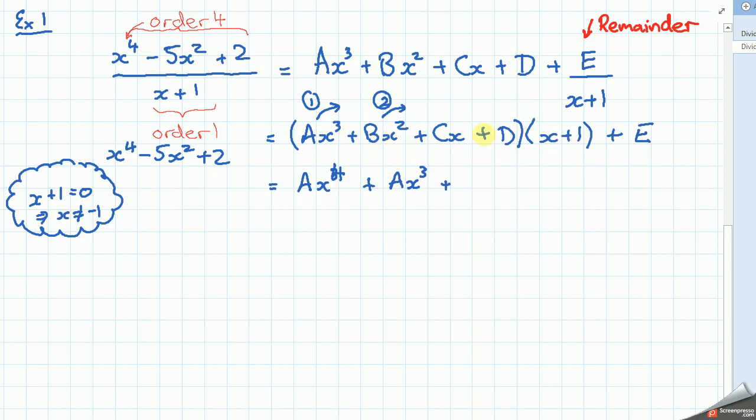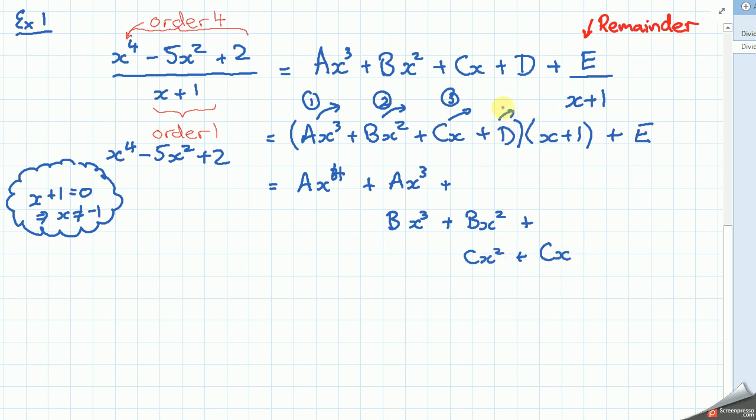So bx squared times x is an x cubed term, so I'm going to line it up with the x cubed term I've got. And add to that a bx squared term. And add on to the end of it the third line. Cx times x is cx squared. Add on cx times 1 is cx. And we're left with the d.